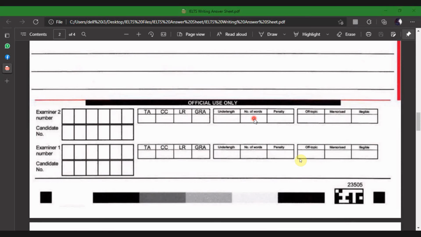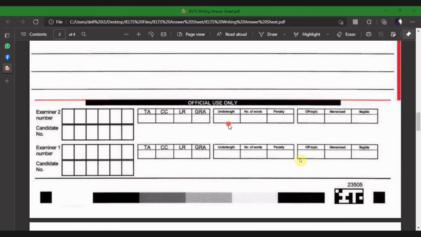This is where they're going to base everything. So the first thing the examiners do is count every single word and see if you've reached the minimum word count. If you reach it, then you're fine, you're safe. They're not going to write anything here.